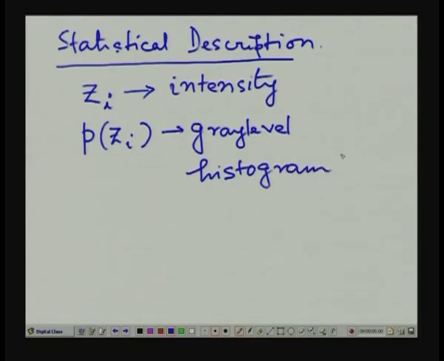From this gray level histogram, we can find different descriptors which are derived from moments of different orders of the histogram.